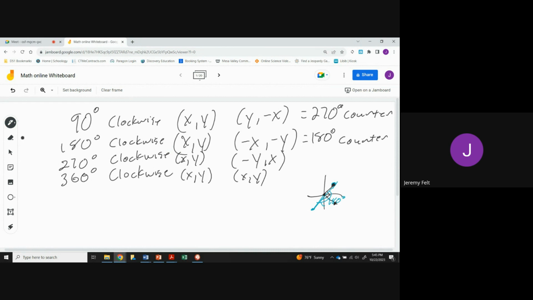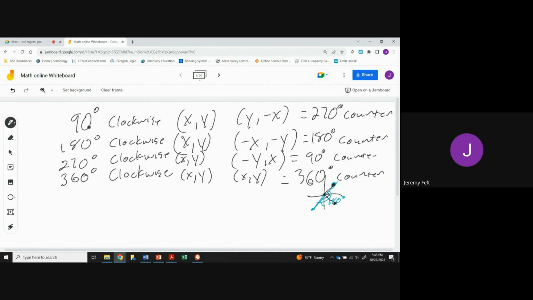And then if we do 270 degrees clockwise, that's the same as going 90 degrees counterclockwise. And if we go all the way around our clock or our coordinate plane, 360 degrees clockwise is the same as 360 degrees counterclockwise.